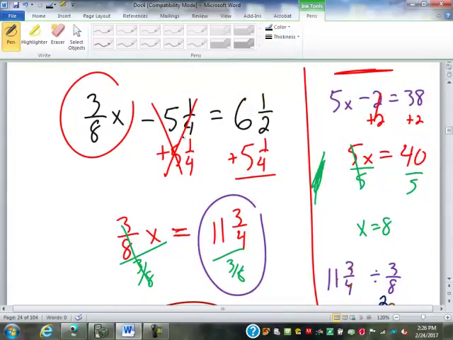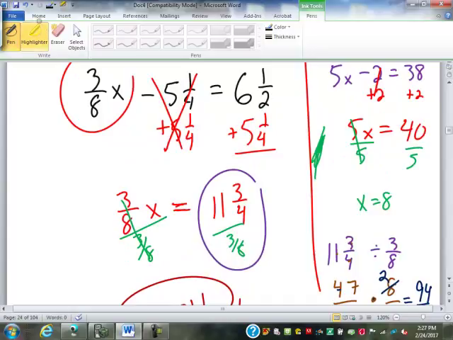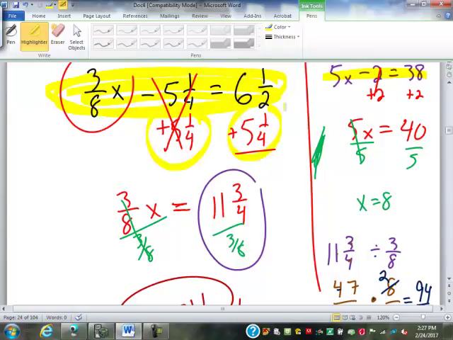So you can see the process here was exactly the same as with the equations we've been doing. This is just a two-step equation. We have to add or subtract something, and then we have to divide. The only difference is the fractions make it look uglier.